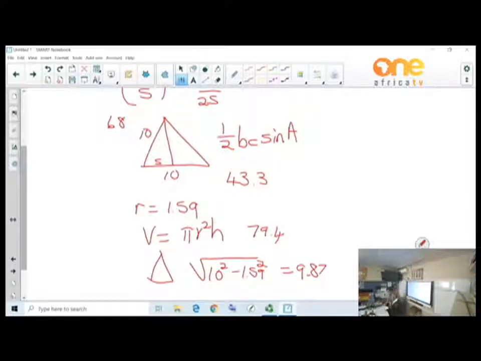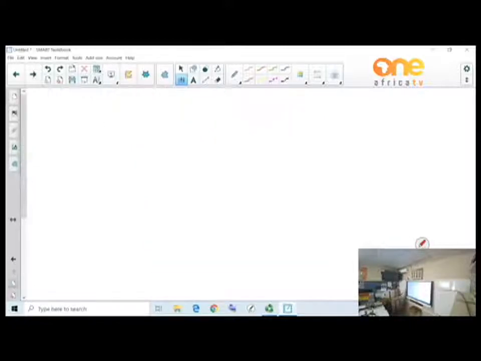Okay, look at question 66. Yes, that one. If you look back, number 10, exactly the same question. Give reasons, explain why triangle QOT is similar to QRS.